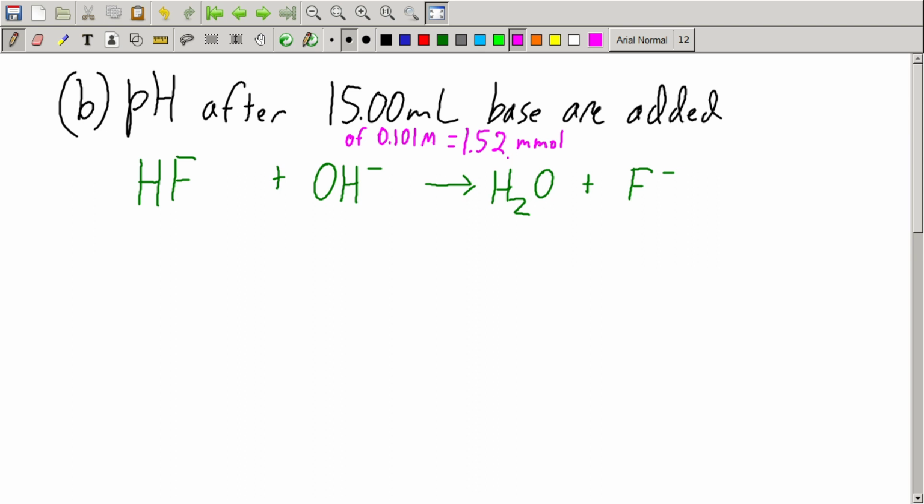Okay, so according to what we figured out on the previous page, we're starting out with 2.45 millimoles of HF, right? Oh, thank you. Right? And now we've added 1.52 millimoles of base to this. And so the base is definitely the limiting reactant here.